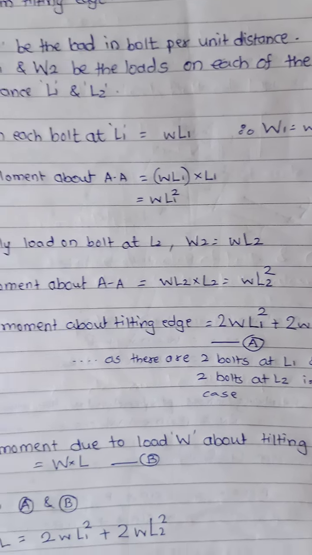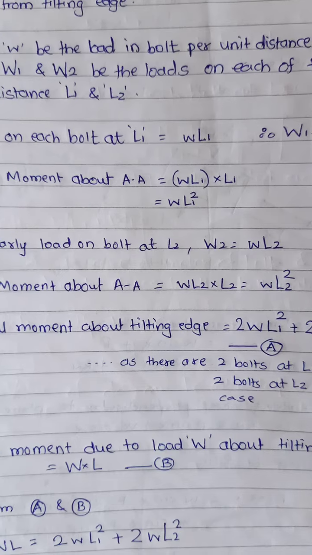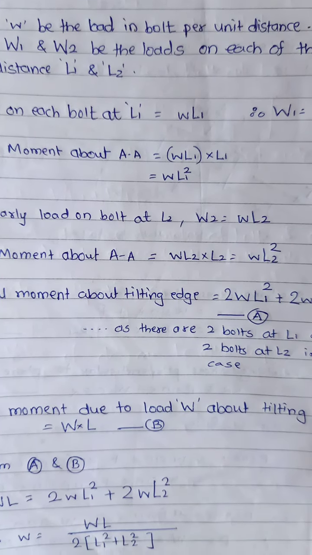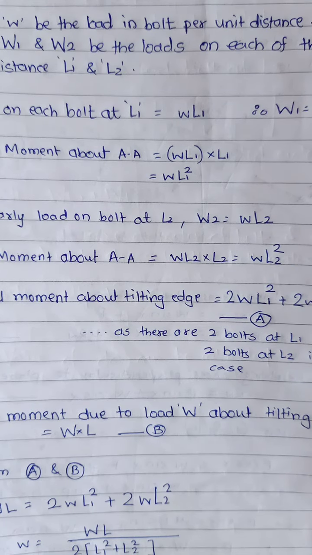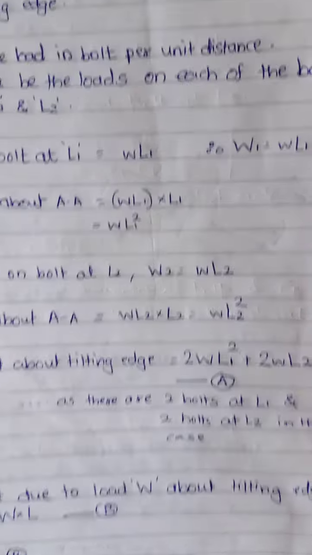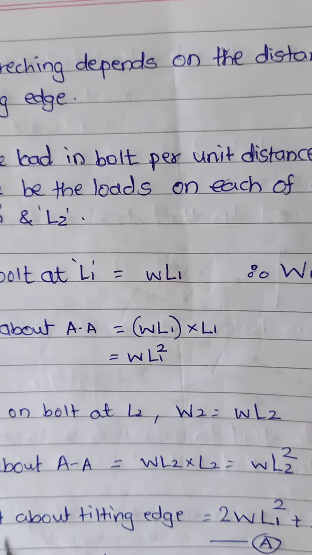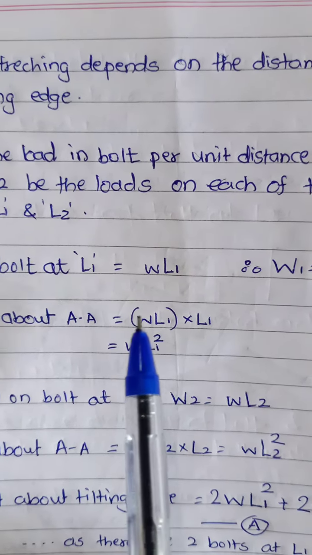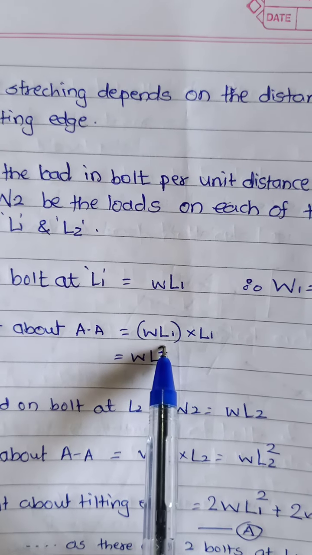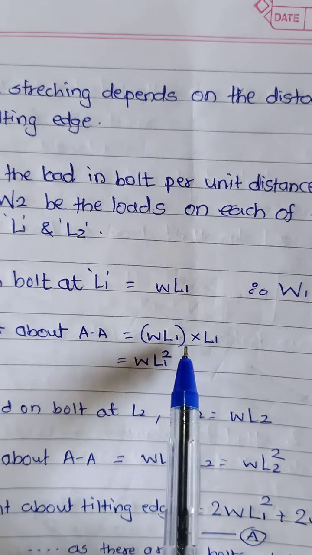So moment about AA because of W1 will be W1 into L1, and this is equal to w L1 into L1.